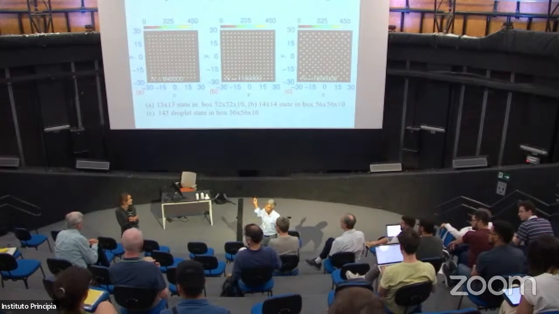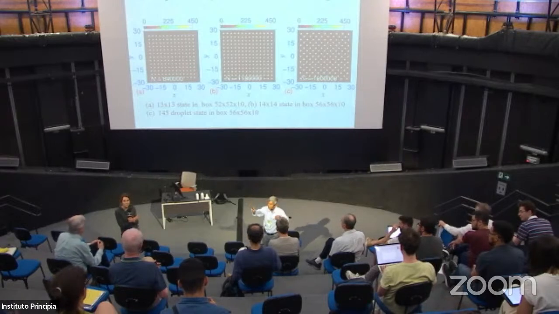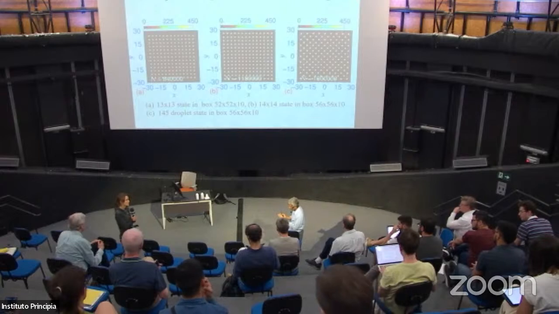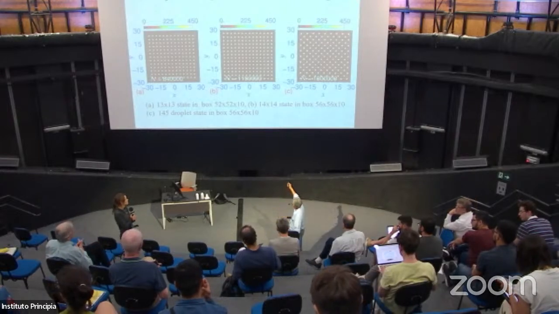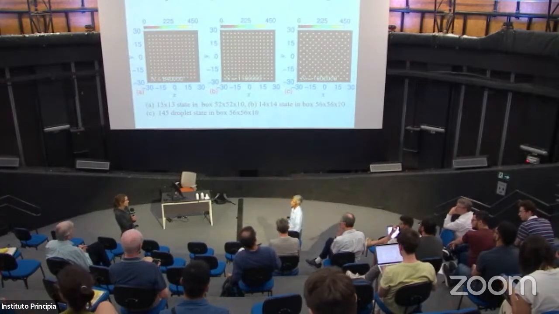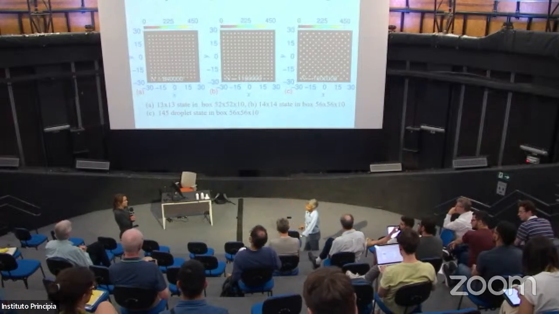You can also have a triangular one. If you have a rectangular box, that means traps in the X and Y plane are different, the two frequencies. Then the square lattice will become a rectangular lattice, if the harmonic trap in the X and Y direction are different.